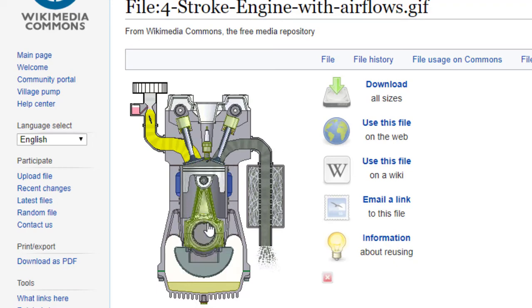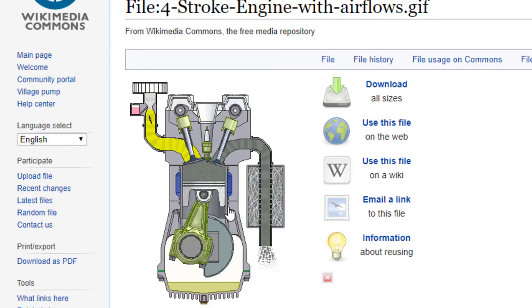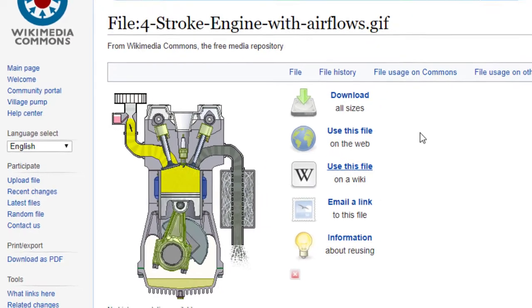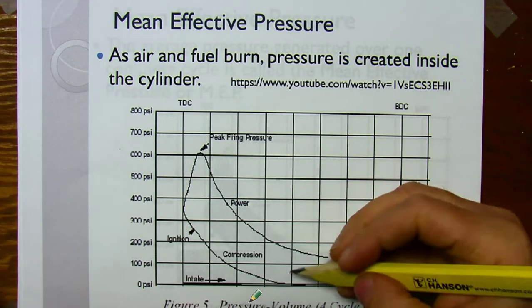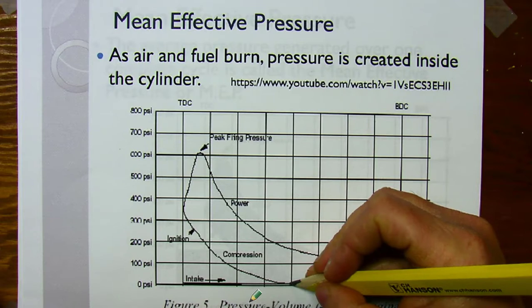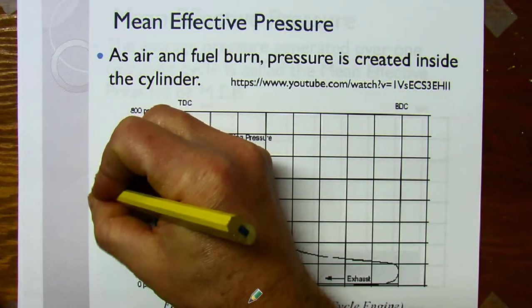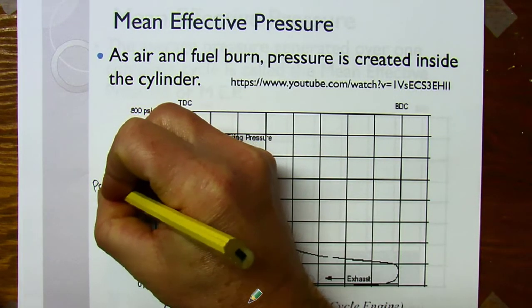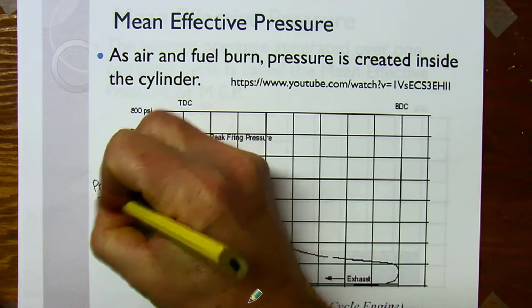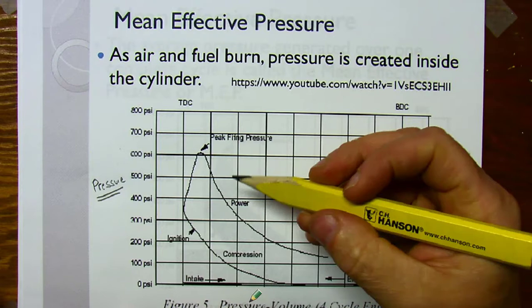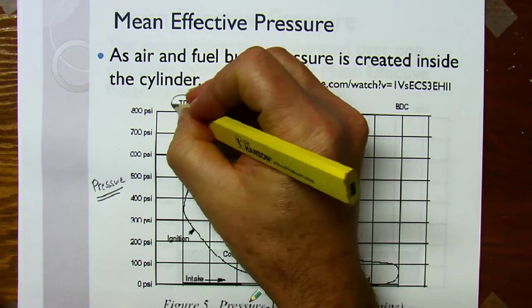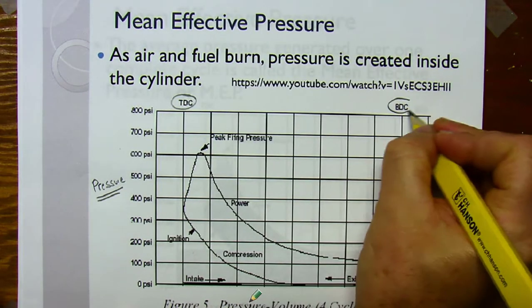I don't want to get too carried away with the technical aspect of this, but there's an important fact from that I want you to understand. If you take a look at this diagram, the left side of this graph keeps track of engine pressure inside the cylinder while the engine is going back and forth from top dead center down to bottom dead center.